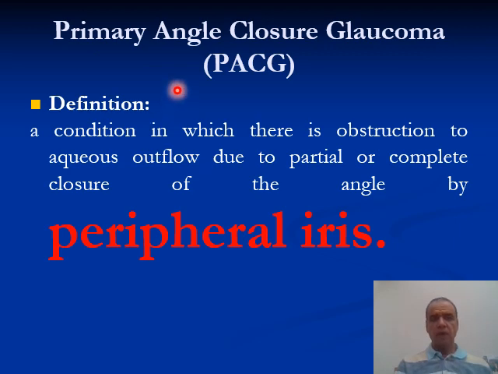The second type of glaucoma is primary angle closure glaucoma, which is a condition in which there is obstruction to the aqueous outflow due to partial or complete closure of the angle of the anterior chamber by the periphery of the iris.